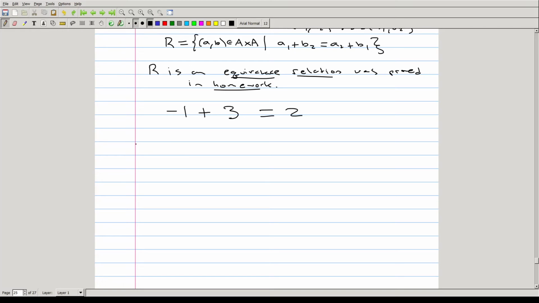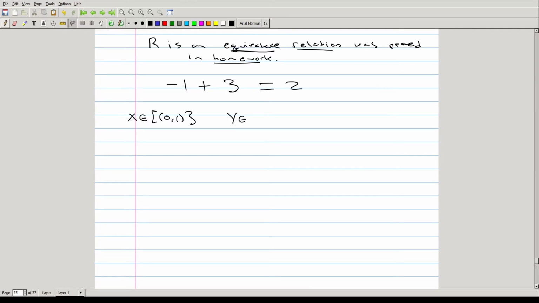We know that if x is an element of the equivalence class for the element 0, 1, then it's equivalent in some sense to negative 1. And we take an element y in the equivalence class of 3, 0, right?